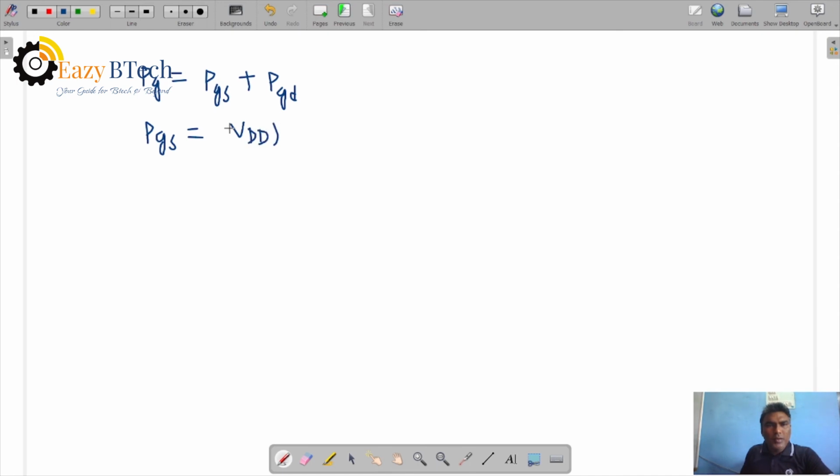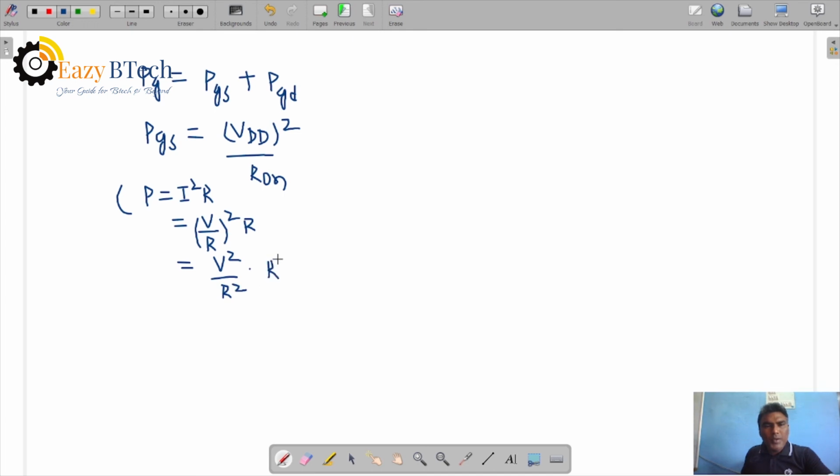The static power PGS is scaled by VDD whole square by R on. This can be defined. We know that power is equal to I square R, where I is equal to V by R. So V by R whole square into R is V square by R square into R. Now R and this square will be cancelled out.